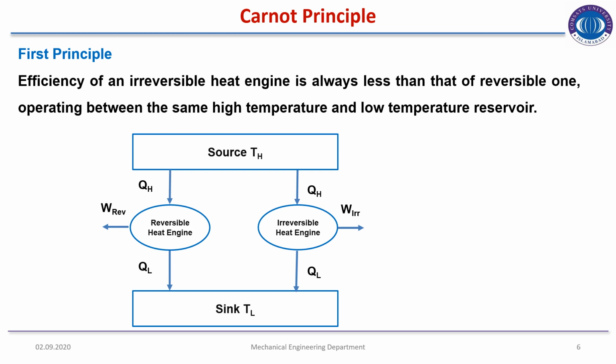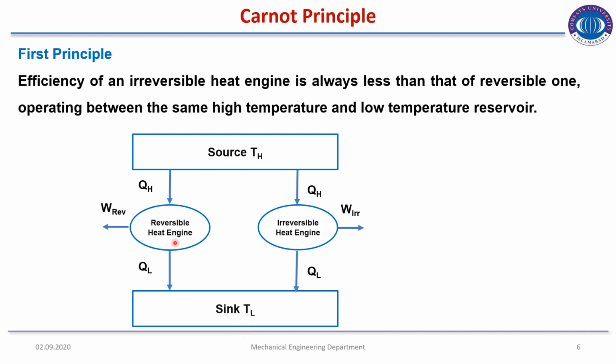A schematic diagram of Carnot first principle is shown here. Source means a thermal energy reservoir that is at a higher temperature, TH, and sink means a thermal energy reservoir that is at low temperature.